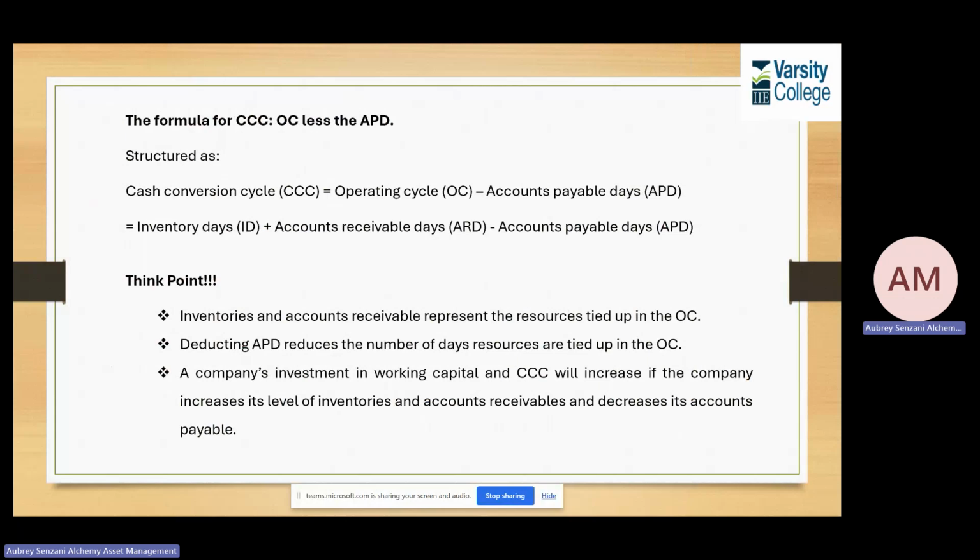A company's investment in working capital and CCC will increase if the company increases its level of inventories and accounts receivable, and decreases its accounts payable.